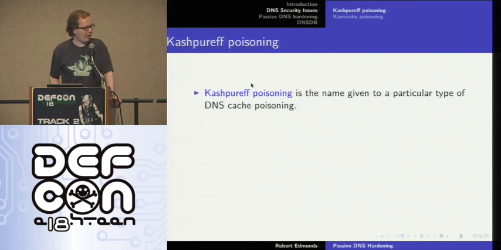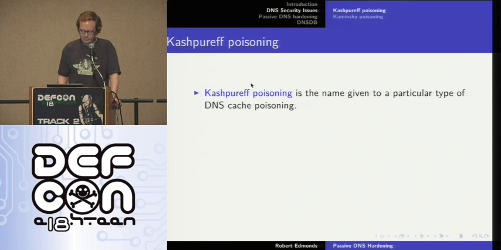Let's see. This cache poisoning is the name of a type of DNS cache poisoning that occurs when a content name server appends extra records to a response. It's particularly insidious because an attacker can poison any record in the entire DNS tree simply by running a content name server and tricking clients into looking up a DNS name under the control of the attacker. So that's very easy to do.